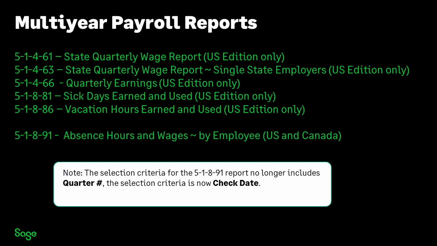You may notice the selection criteria for the 51891 report no longer includes quarter number, because the quarter number is the same for multi-year records. Instead, the selection criteria is now check date to restrict the report to data from a single quarter from a single year. You can now archive payroll when it's convenient.